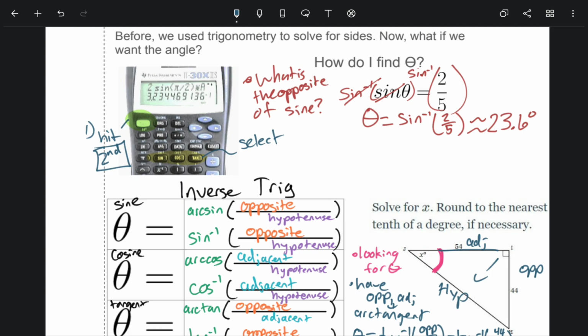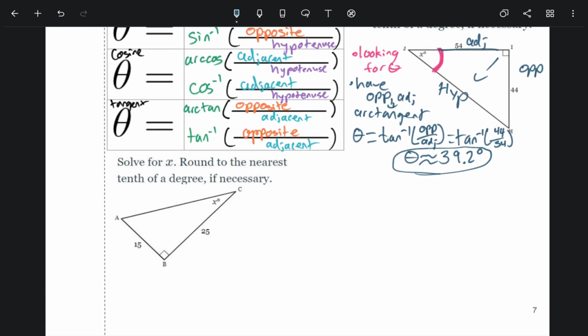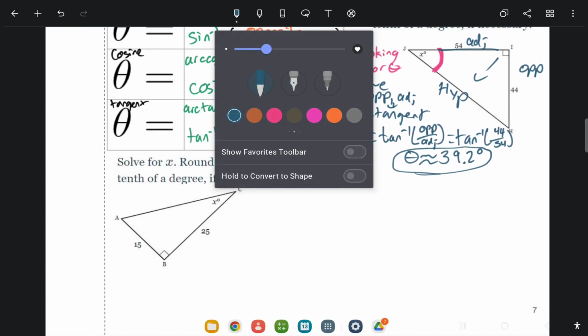So first hit the second key, second select the trig function you want the inverse of. Then third, write the ratio. And then you will get your angle, which is about 39.2 degrees in this case. Let's look at another example.